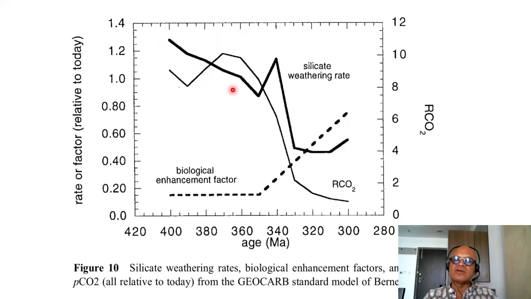As the weathering rates dropped, the PCO2 went up, and then PCO2 started dropping again, and weathering rates dropped off, and then picked up more recently, around 300 million years ago or so, because there is the additional biological enhancement factor that has to be included. So biology greatly enhances weathering rates, mostly through the chemical weathering and so on. Okay, so this is something to keep in mind.